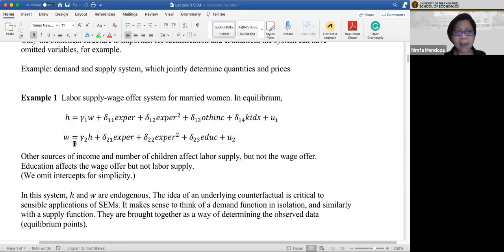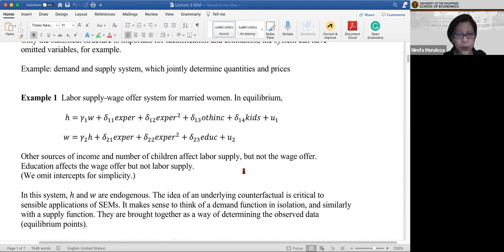Okay. In these simultaneous equations models, you have to also make sure that your equations make economic sense. So usually the specification of these equations are also driven by economic theory. Okay.